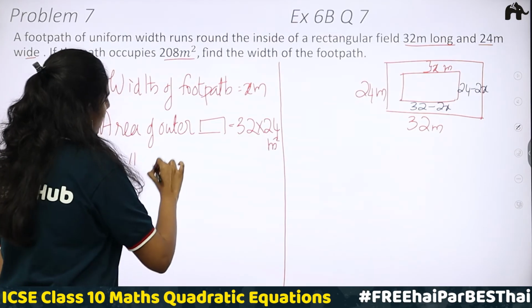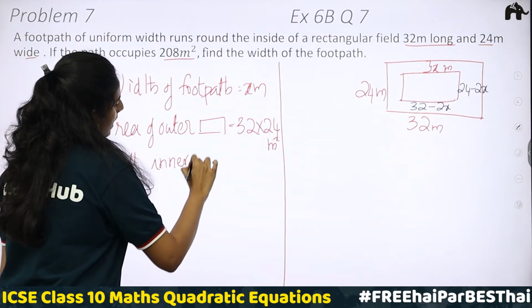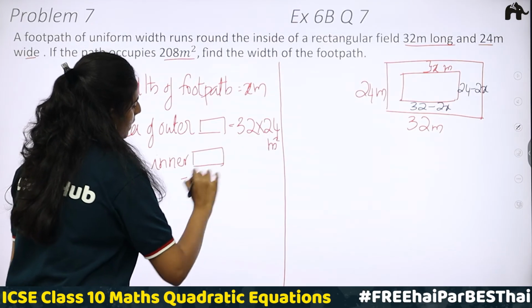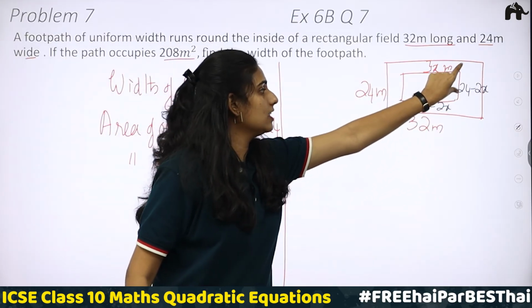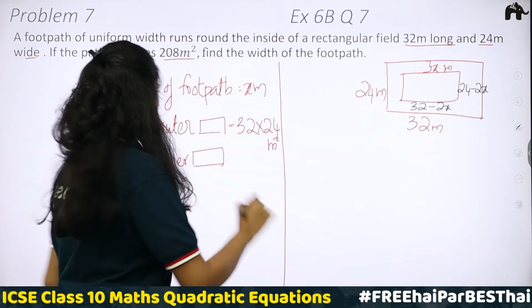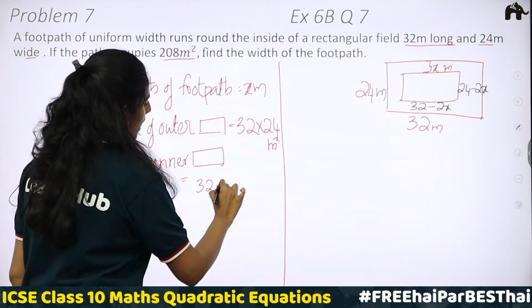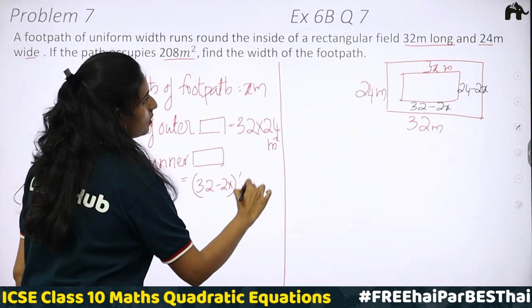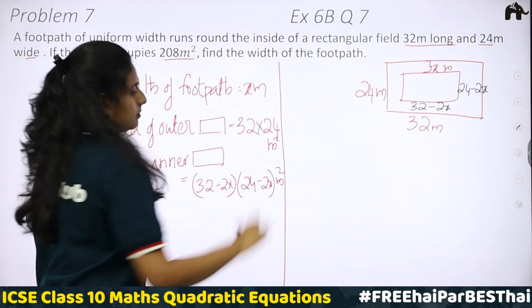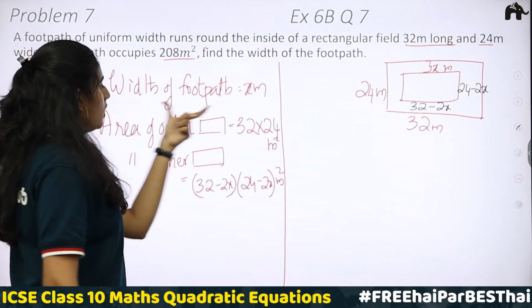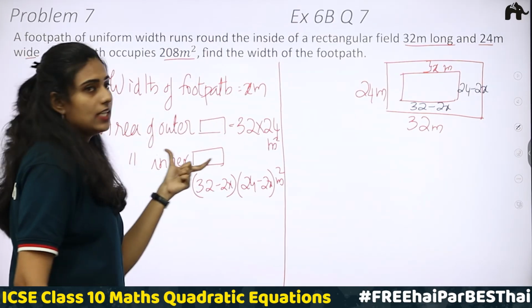What about the area of inner rectangle? Area of inner rectangle will be equal to, here the length is 32 minus 2x and the width is 24 minus 2x. 32 minus 2x into 24 minus 2x meter square.